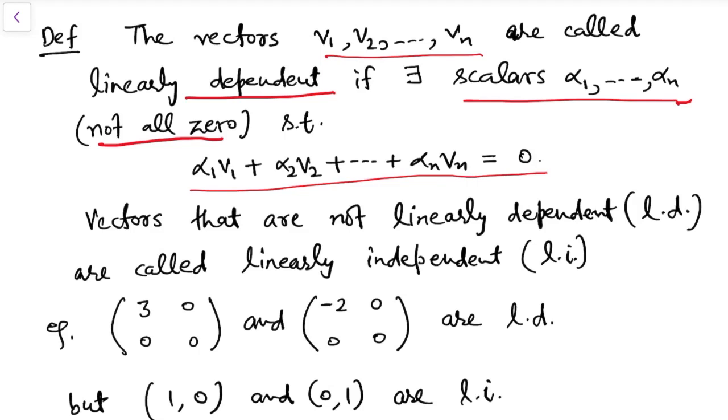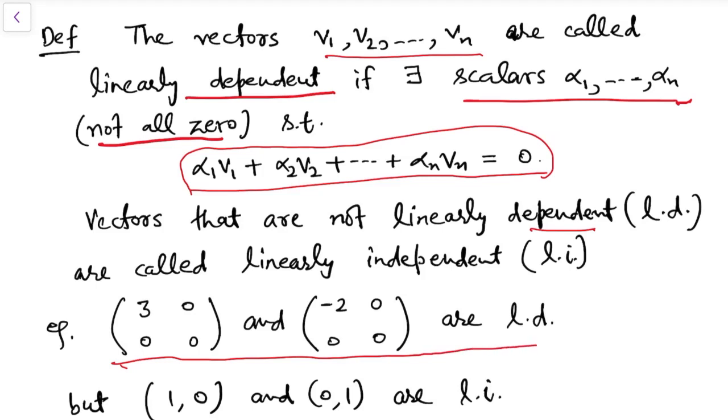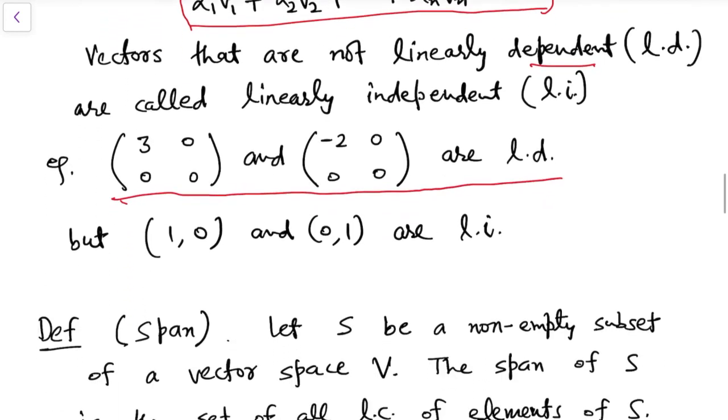That means if they are killed by non-zero scalars, then we call the vectors linearly dependent. But if this does not happen, that means vectors are killed by only the zero scalars, then we say that vectors are linearly independent. So these two vectors which were killed by 2 and 3 are linearly dependent, but these vectors 1 0 and 0 1 are linearly independent.